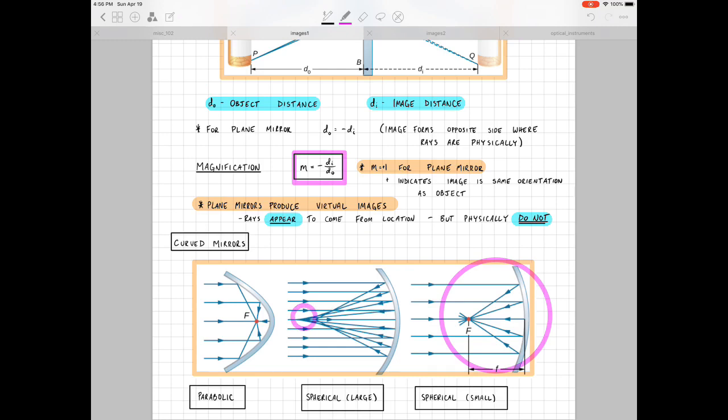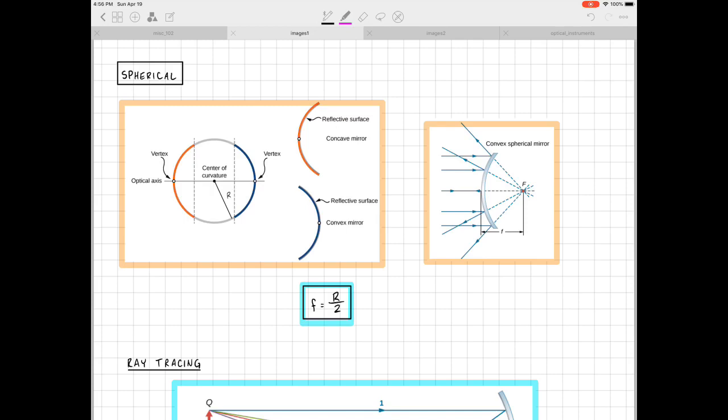And so if you limit your mirror that's spherically shaped to a small portion of the overall sphere, then you can get all of the rays to meet at one point, and again, this will be called the focal point.